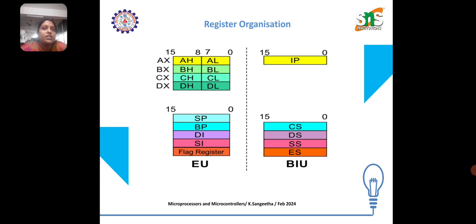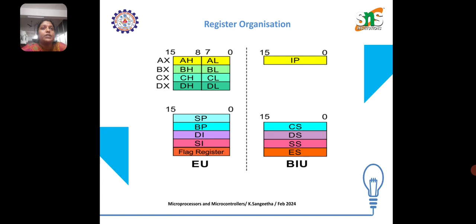The CS segment is used to store the instructions, and the data segment and extra segment are used to store the data in memory. So segment registers are used to hold the starting address of the memory segment.